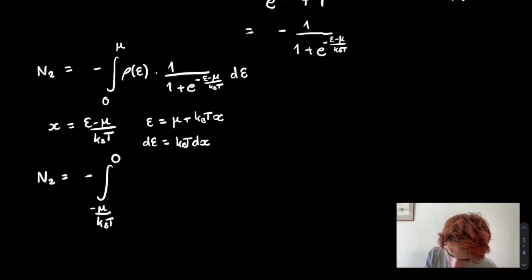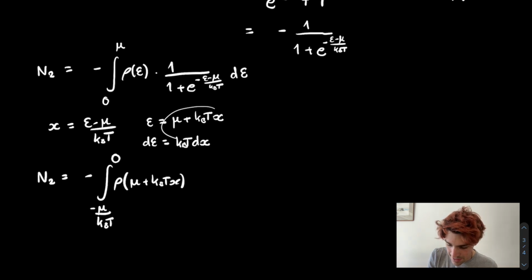Now, we are of course writing everything here in terms of x. So our density of states, rather than being a function of epsilon, we rewrite as a function of mu plus kBT x. We've literally just swapped out epsilon for mu plus kBT x.